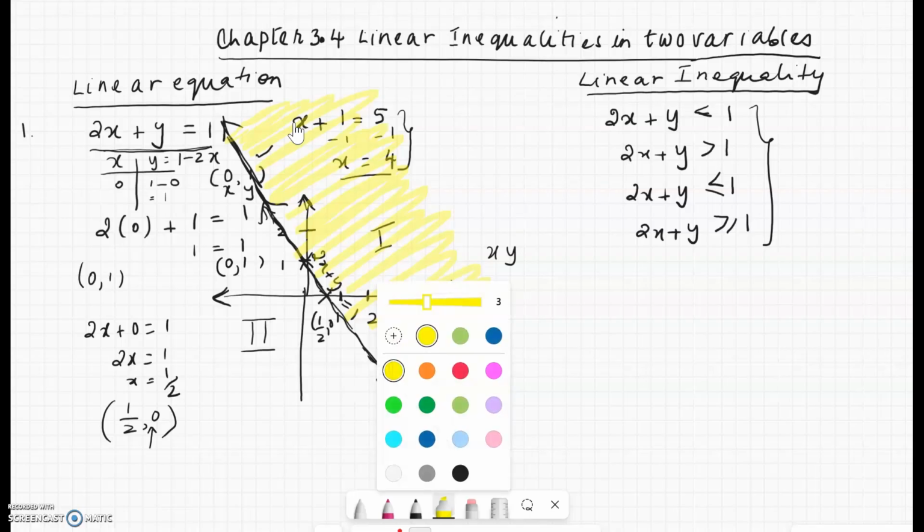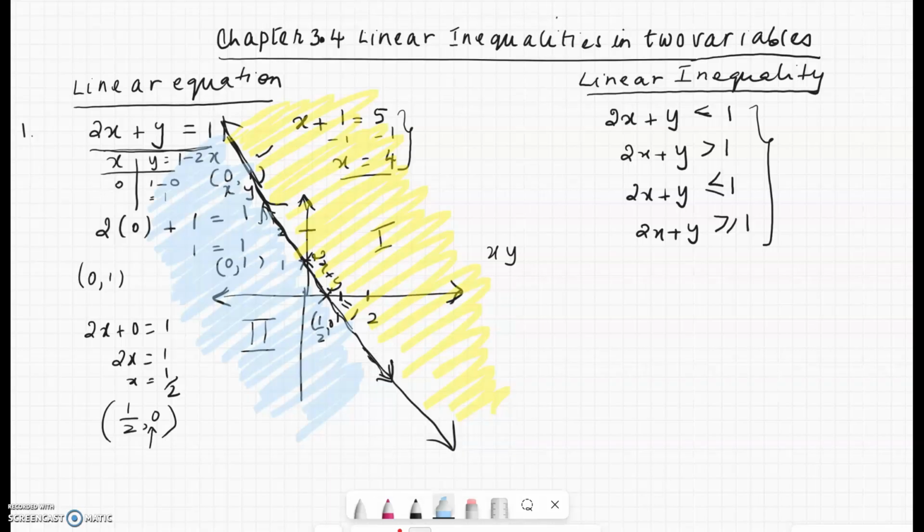There are only two sides, remember. But we have to figure out which side it is. The solution to the inequality looks like this. It's a region. It's infinitely many points in that region. Remember that every point in the highlighted areas is a solution to that inequality, and we have to figure out which side needs to be shaded.